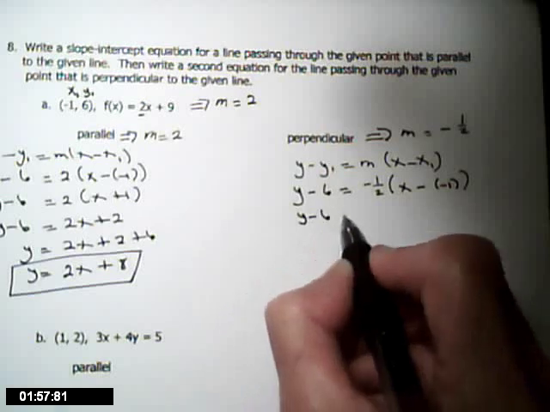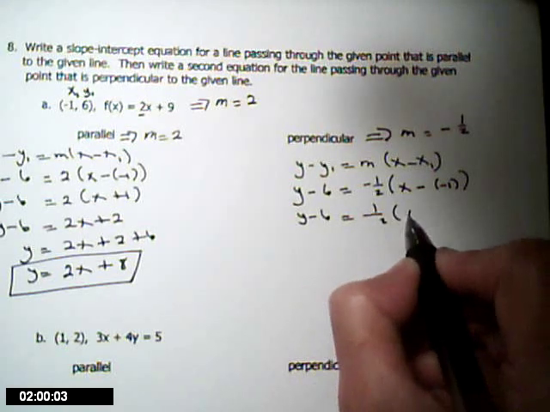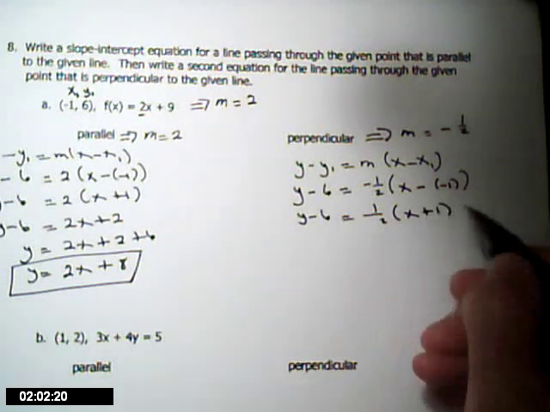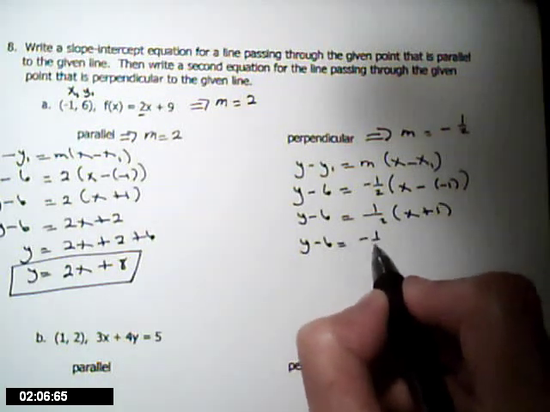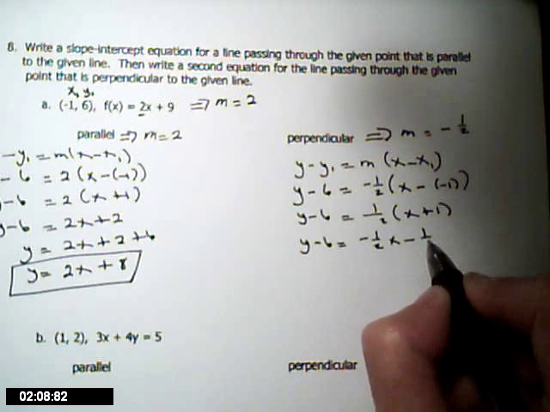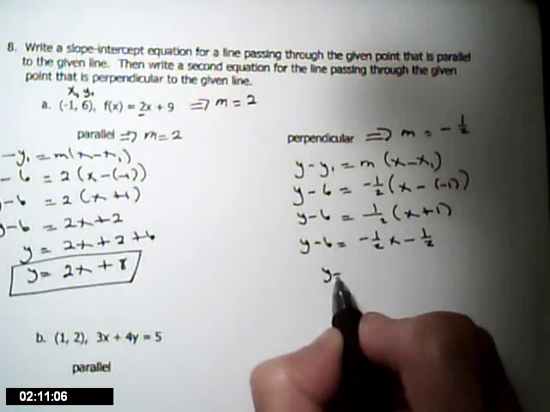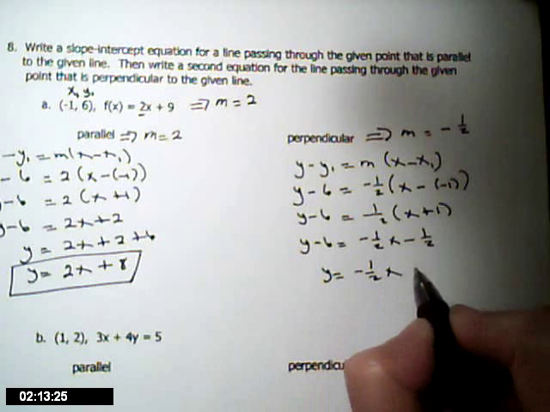Now again, my double negatives will convert to a positive. We'll distribute this negative 1/2 through the parentheses, and then add a 6 to both sides of the equation.